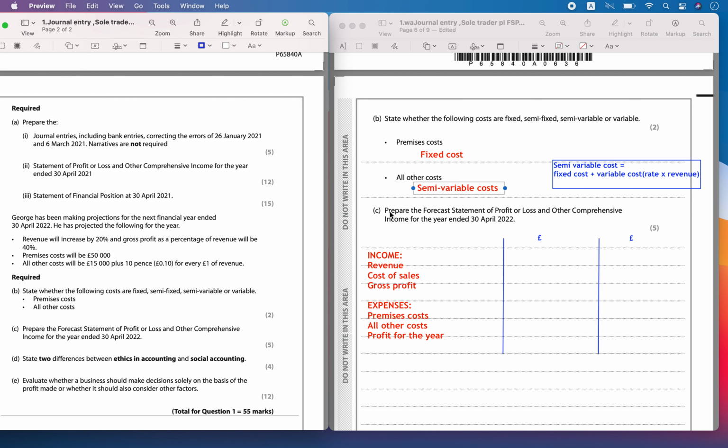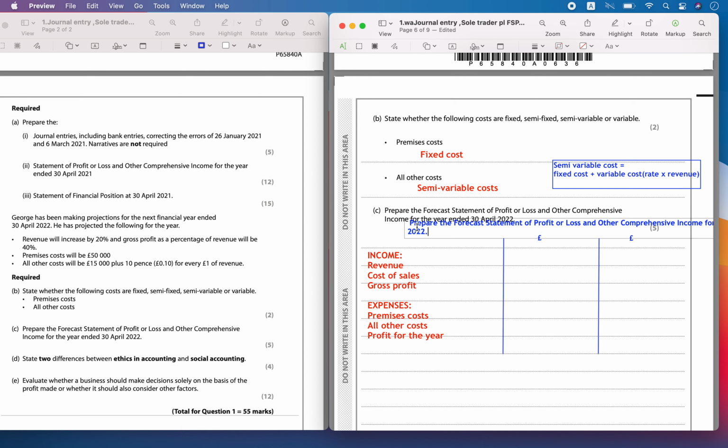Now let's do the part C question. Prepare the forecast statement of profit or loss and other comprehensive income for the year ended 30th April 2022. For George, it's going to be income minus expenses to get the profit for the year.